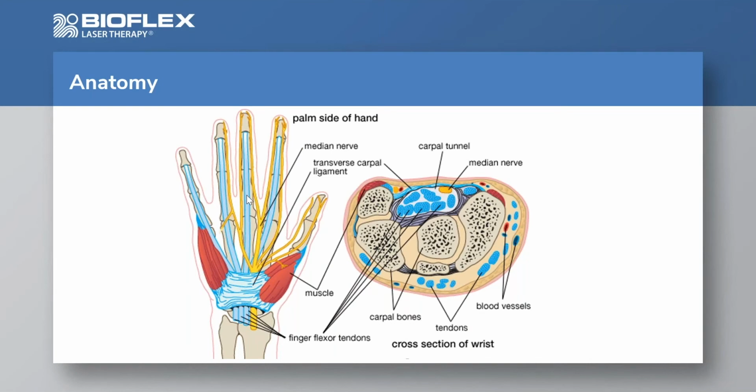Of course, we all know where the carpal tunnel lies in the volar aspect of the wrist. Now, just as a review, remember that the median nerve actually lies fairly superficial within that carpal tunnel. So it's actually fairly easily accessible with laser therapy. And if you're new to laser therapy, some of you may not be aware of the depth of penetration.